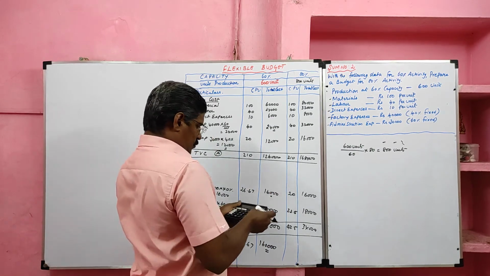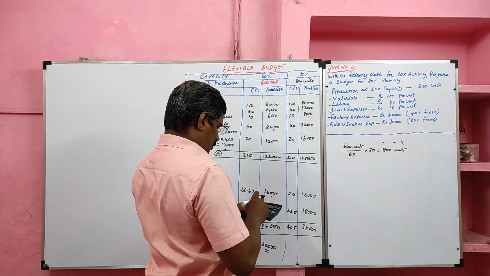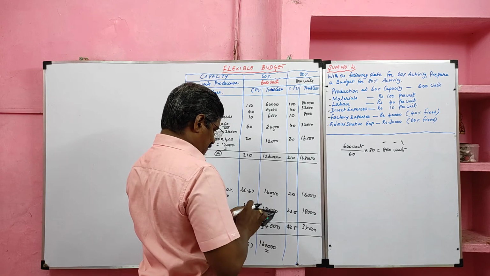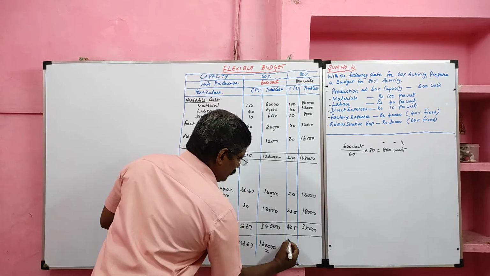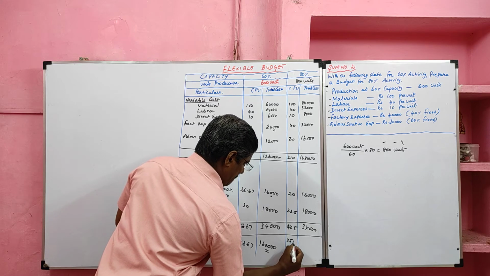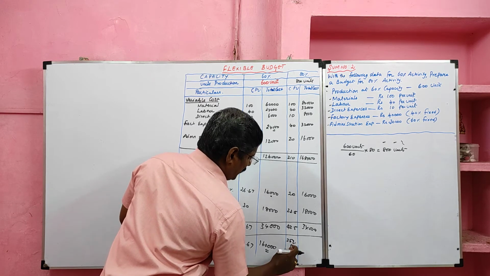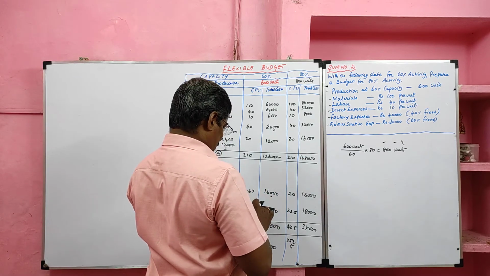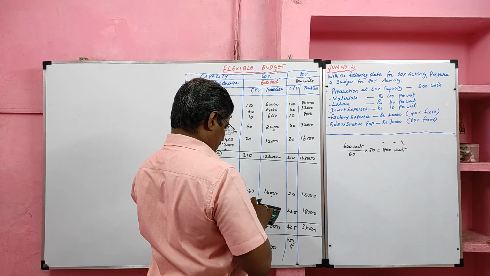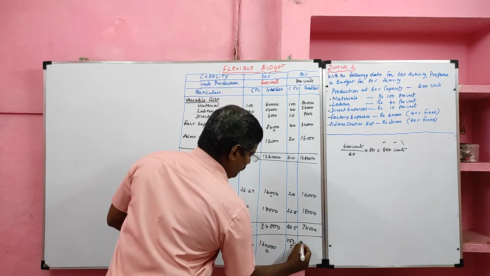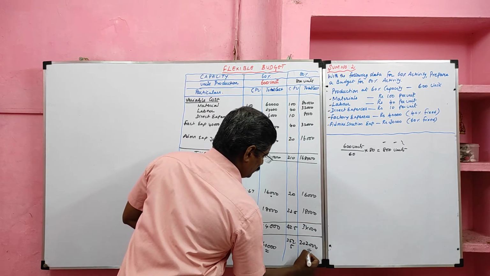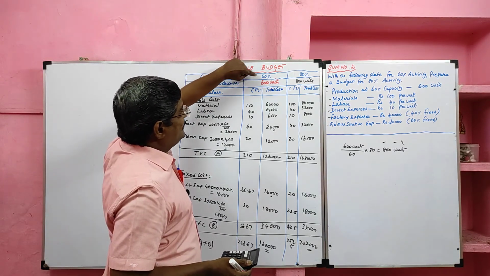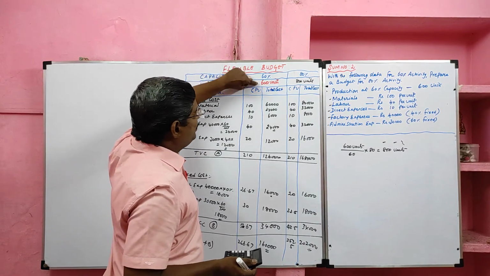For 800 units, variable cost per unit is 210 and fixed cost per unit is 42 rupees 50 paise, making 252 rupees 50 paise. Adding total cost, 1,68,000 plus 34,000 gives 2,02,000 rupees.